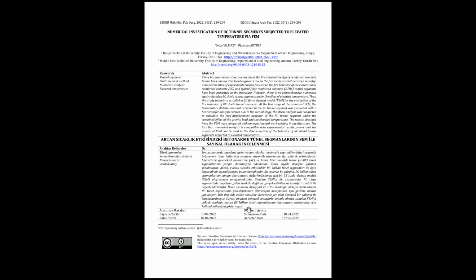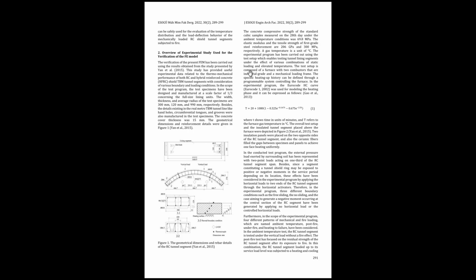Well, this example is based on a paper. This is the paper we used, a numerical investigation of a reinforced concrete tunnel segment subject to elevated temperature via a finite element model. In this paper, they analyzed this tunnel lining. So we have generated the same model.